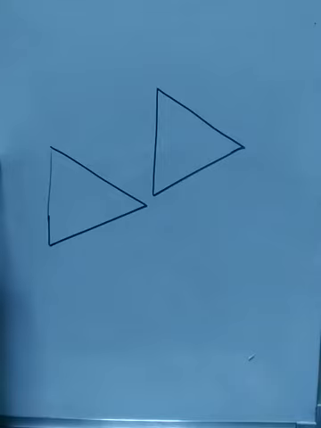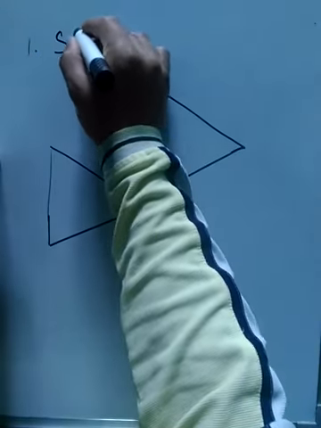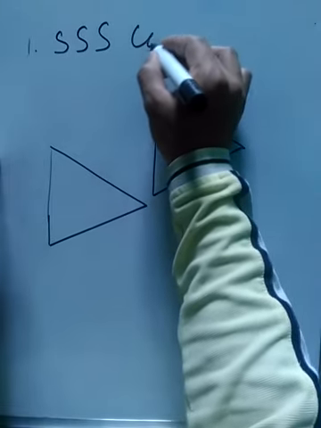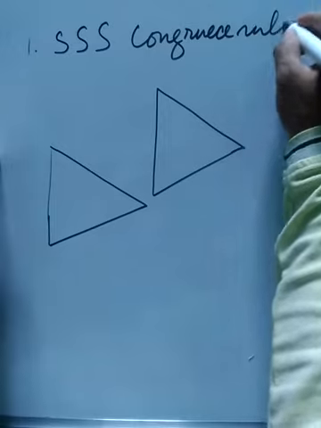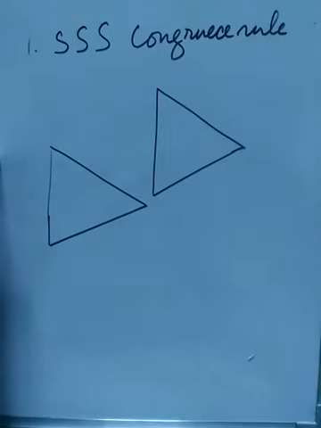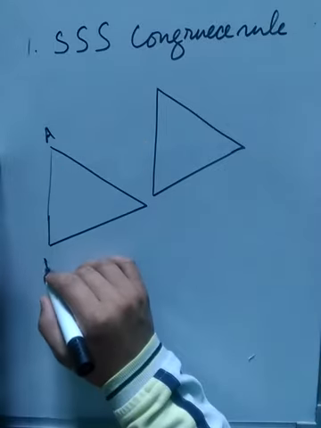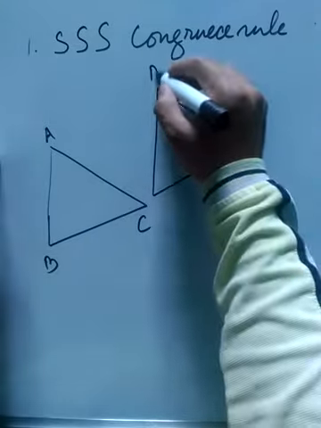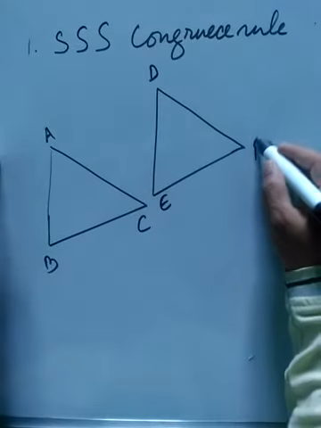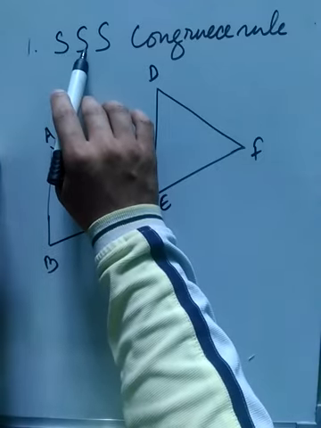Okay, the first condition is the SSS congruence rule. What does it tell? Let us see. Here A, B, and C. Here D, E, and F. This S stands for side, this also side, this also side.